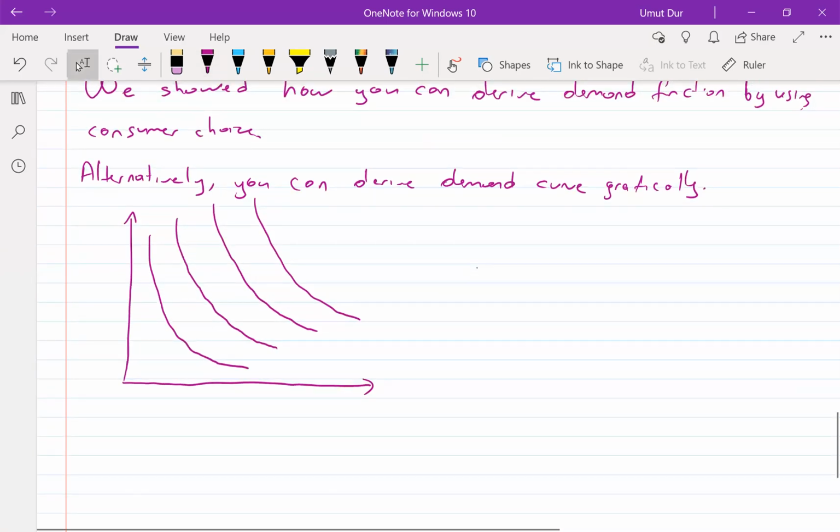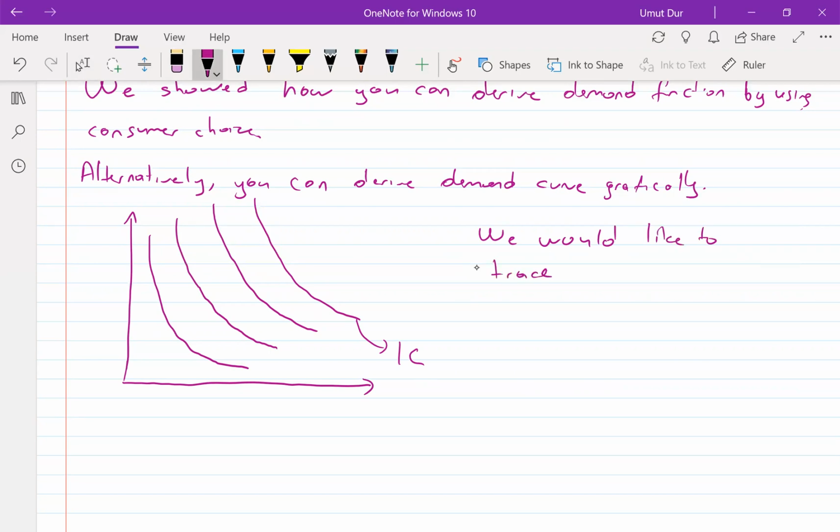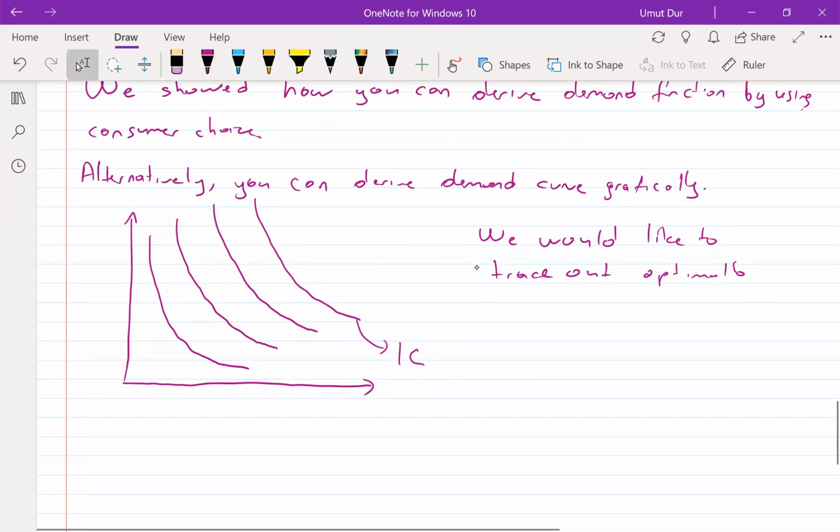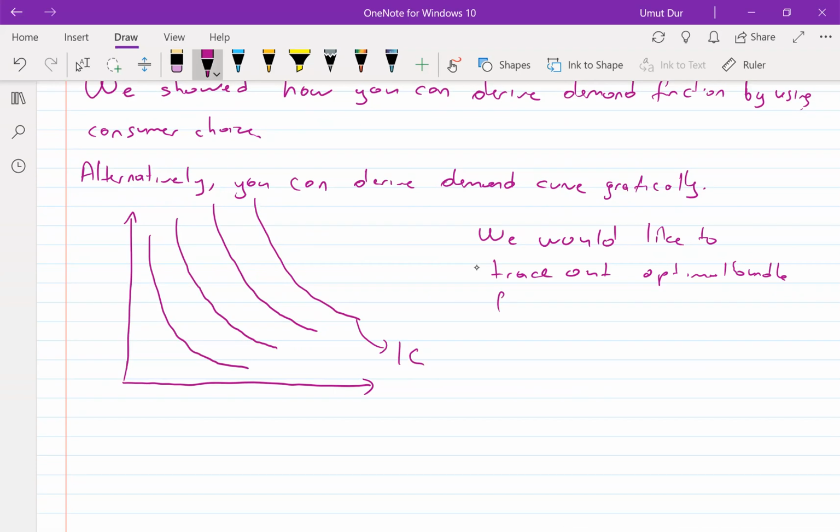These purple ones are indifference curves. What we would like to do is trace out the optimal bundle for good one when the price of good one changes.